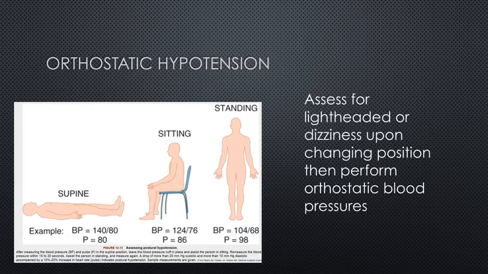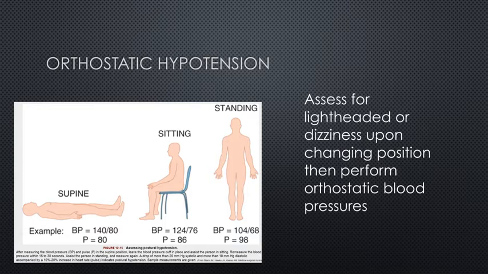Or it could be a 10-point drop in diastolic blood pressure, but usually we're most focused on the systolic. Typically what happens in orthostatic hypotension is that their heart rate will increase while their blood pressure goes down.